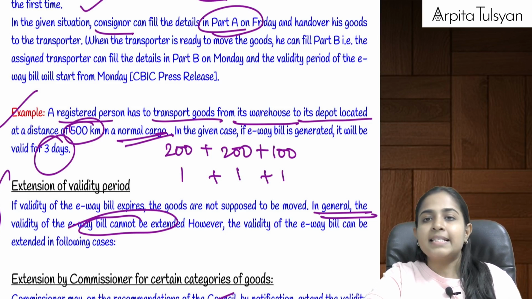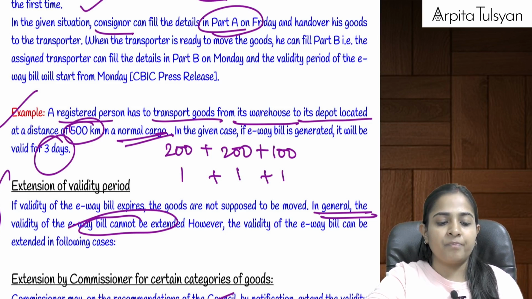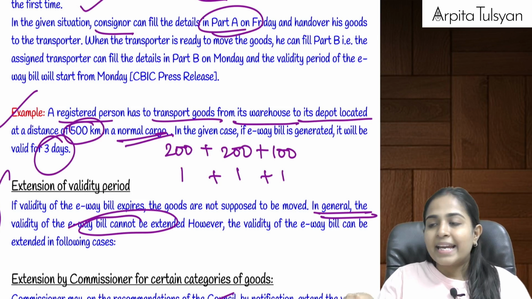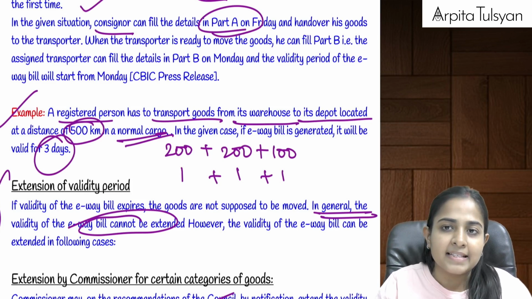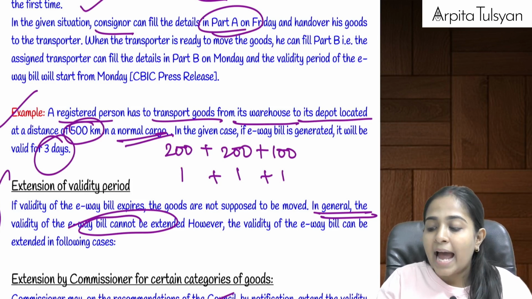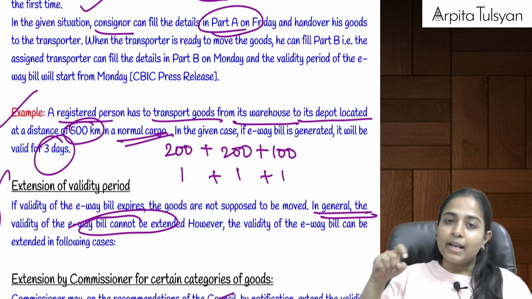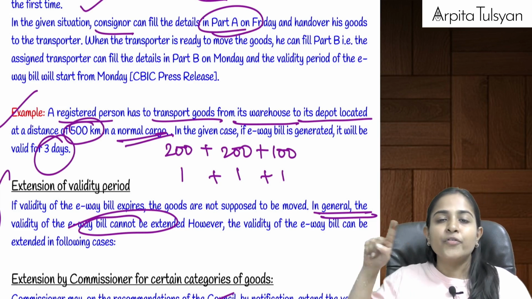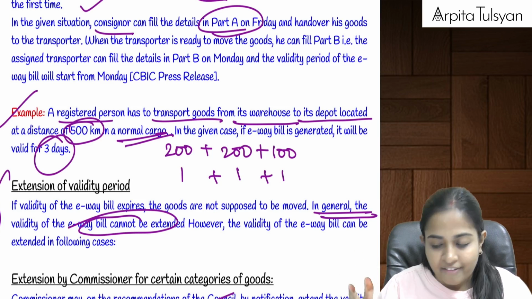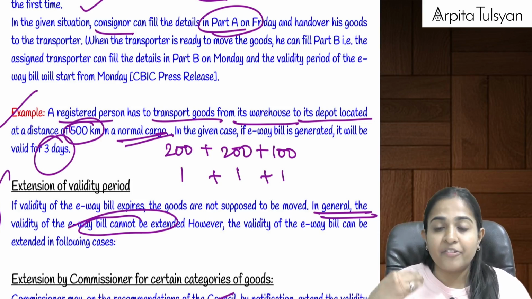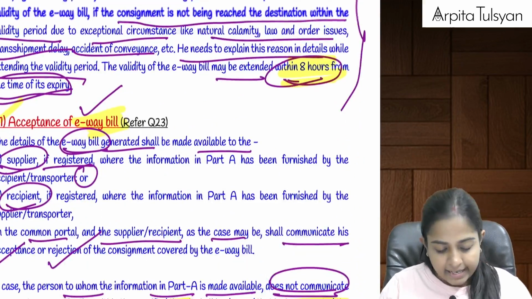Then the transporter who is carrying such goods can extend the validity by applying on the GST portal, within a time period of 8 hours from the time of expiry. Now it is going to expire at midnight, right? So within 8 hours, the validity should be extended on the GST portal, and yes, definitely the reasons for such extension have to be given.